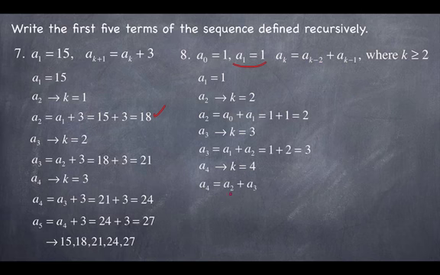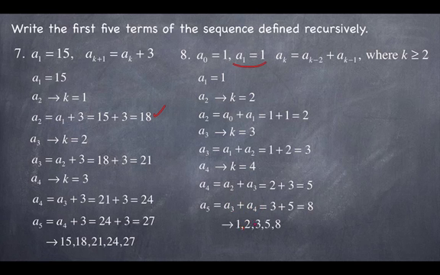I get the following. I know a sub 2. I know a sub 3. And that's how we end up with 5. The last term in this recursive sequence is 8. And again, you should follow. This is actually a very famous sequence. If you ask me in class, I'll give you the name of the sequence and also why it is so famous. Let's move on to the next slide.